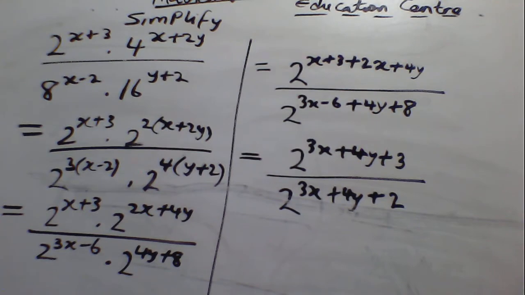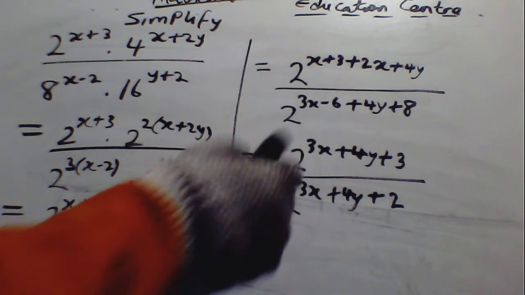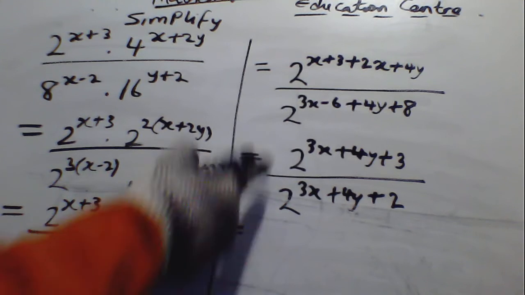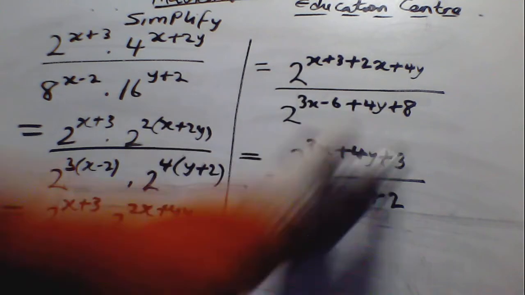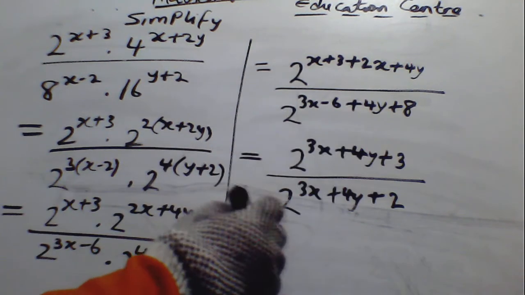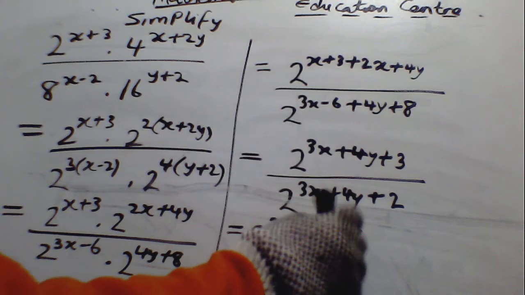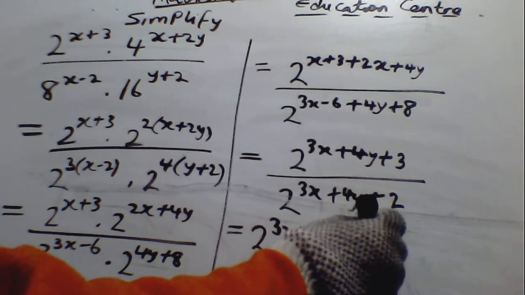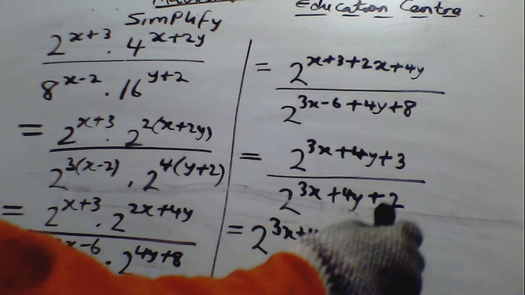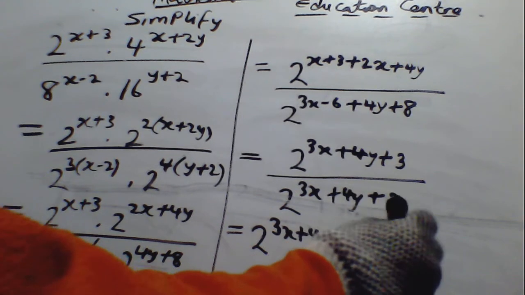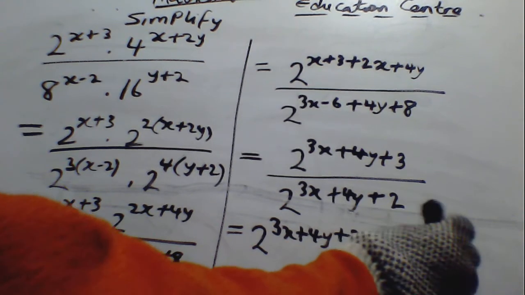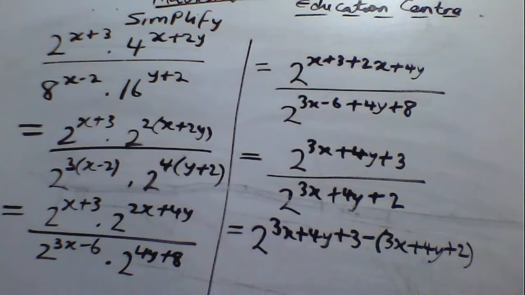So from here you see that they have equal base, so you can bring this one up and open bracket. You have 2 raised to the power 3x plus 4y plus 3 minus in bracket 3x plus 4y plus 2.